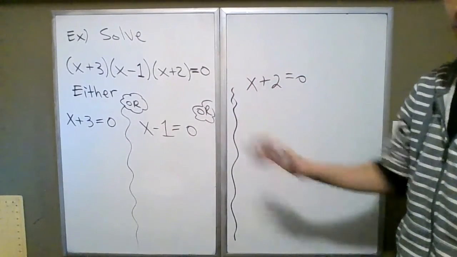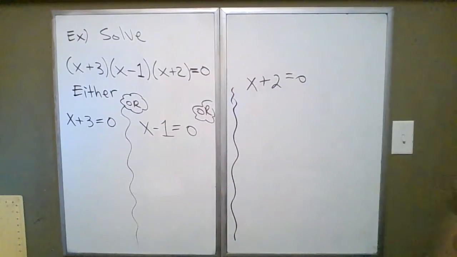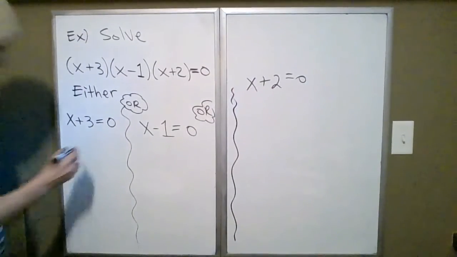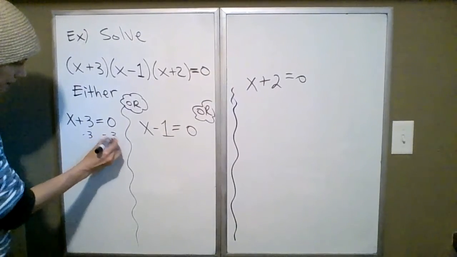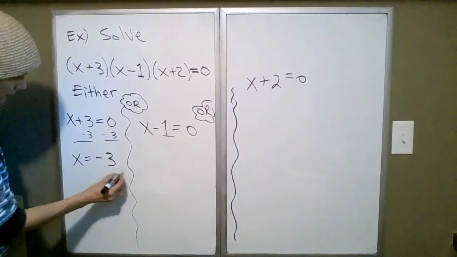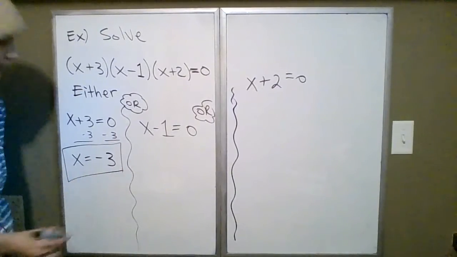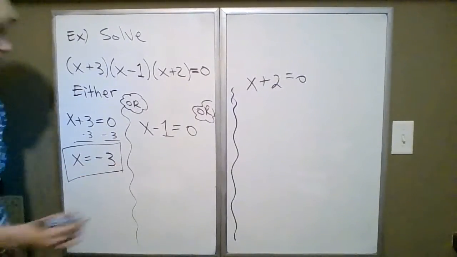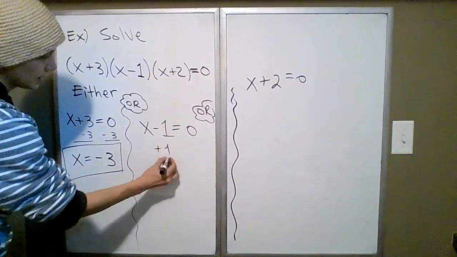So for the first one, you'd subtract 3 from each side and get x equal to negative 3. Here we're going to add 1 to both sides. X equals 1.